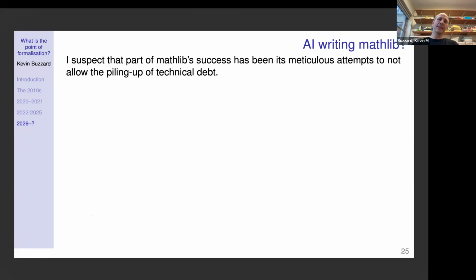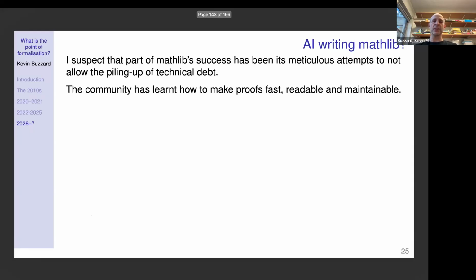Because I suspect that part of the reason Mathlib has been so successful, 2 billion lines, compiles in 10 minutes, lots of people using it, has been its meticulous attempts to be absolutely high quality code. We've got fast proofs, we've got readable proofs, and more importantly, we've got maintainable proofs.